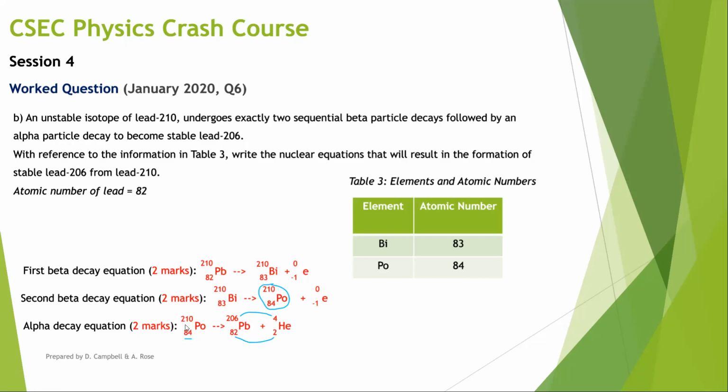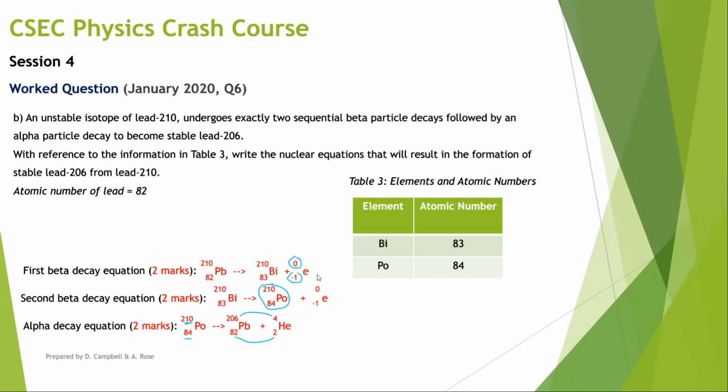So whenever you have beta decay, you represent the beta particle by using an e, which represents electron. You put 0 because the mass of the electron is pretty much 0, and the charge is -1, so for the atomic number there, you use -1.